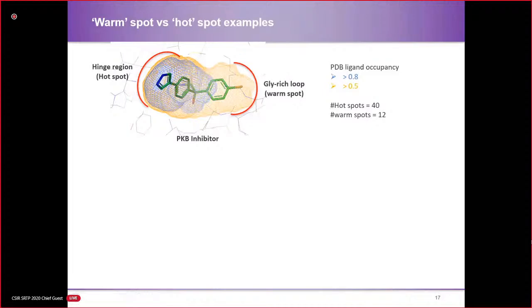So we categorize them: if more than 80% of the molecules place a group at the same site, then it's hot. And if it is greater than 50% but less than 80%, then it's warm.